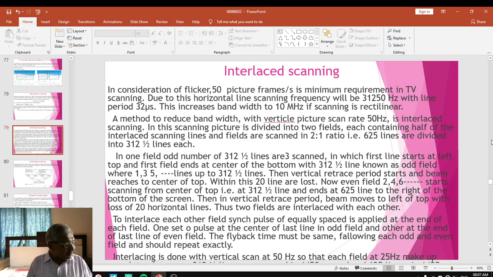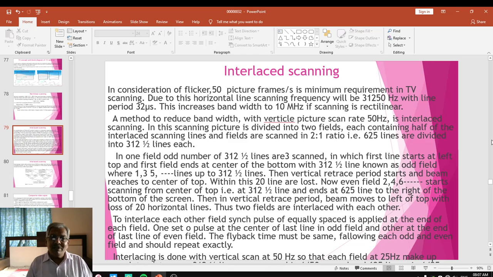The scanning takes place in two ways: one is horizontal scanning and the second is vertical scanning. Horizontal and vertical scanning are initiated at the same time from the top left of the television screen.